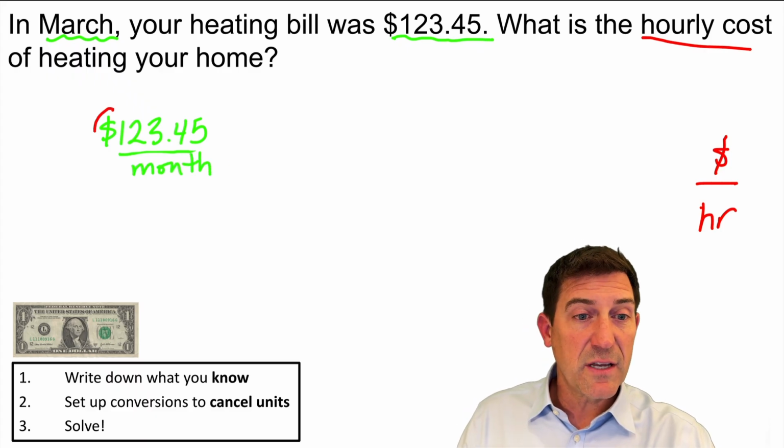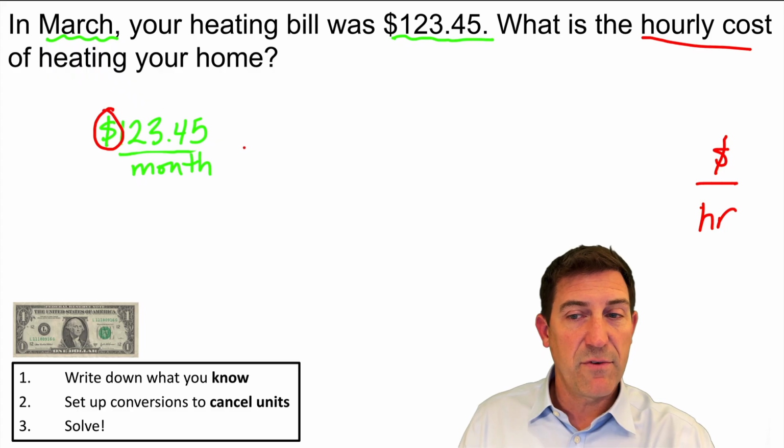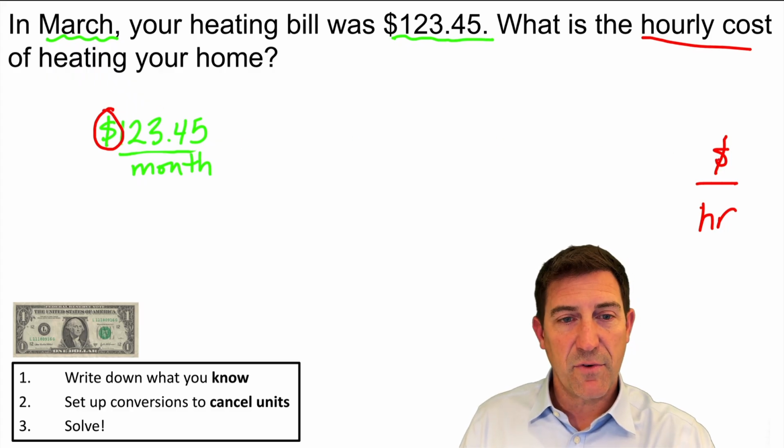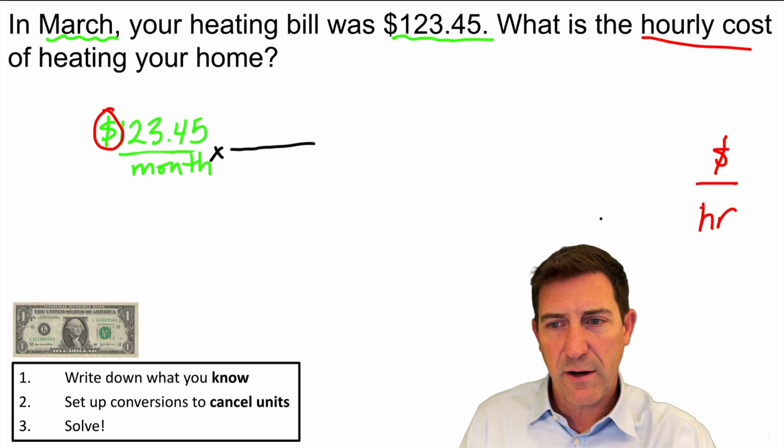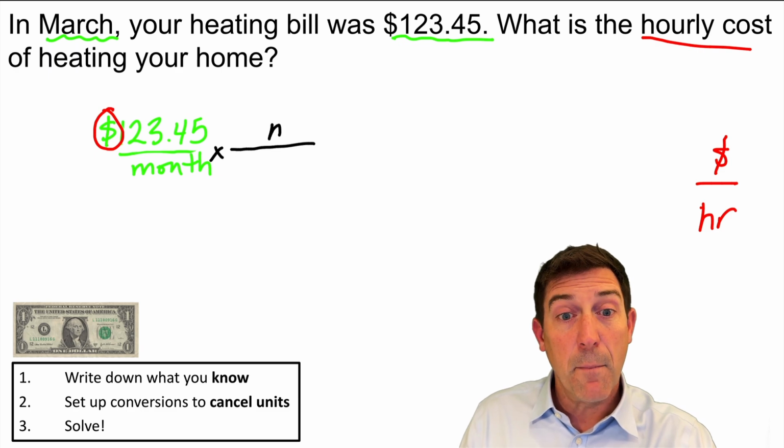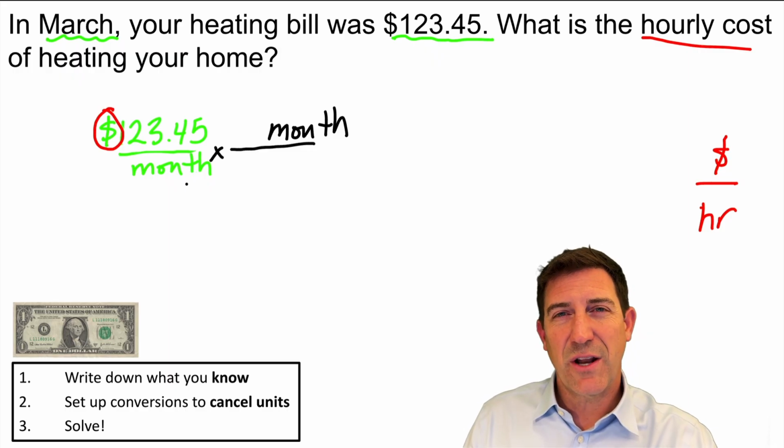For the conversions, I do not want to get rid of dollars, right? That's at the top over here. So because I don't want to get rid of dollars, I'm not going to have a conversion with dollars on the bottom to cancel this out. Instead, I'm going to focus on the months because if I look over here, I don't want month in my answer. So I'm going to put month on the top, knowing that it will cancel this out. Then I think, what gets me closer to hours?